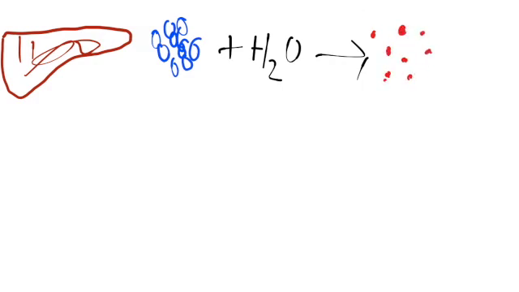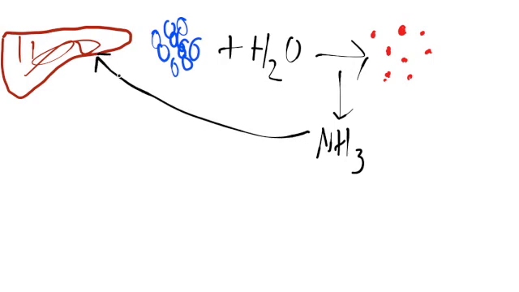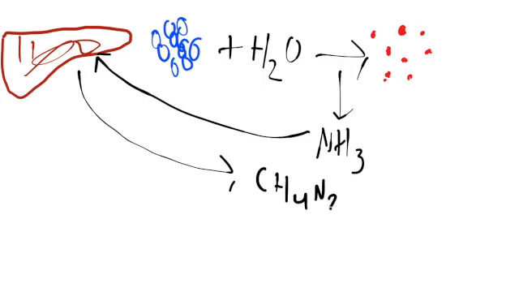Now this reaction produces ammonia, which is very toxic for the body. So the liver quickly converts ammonia into urea, which is less toxic but still needs to be excreted from the body.